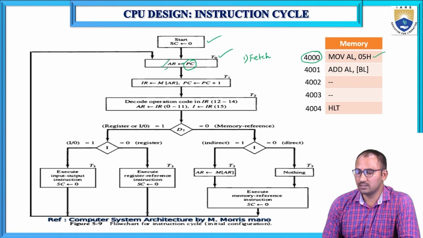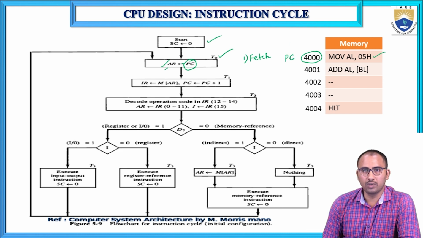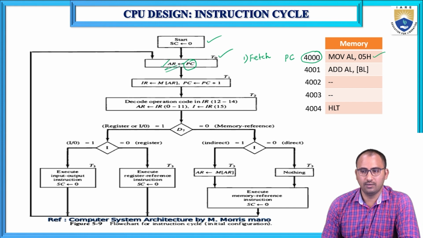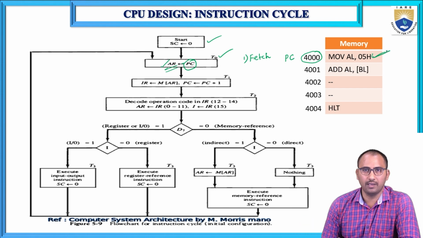So what is that address? 4000. Initially that will be loaded into the program counter. From the program counter, that address will be loaded into the address register. Once the address is loaded into the address register, we have to read the instruction from the memory.